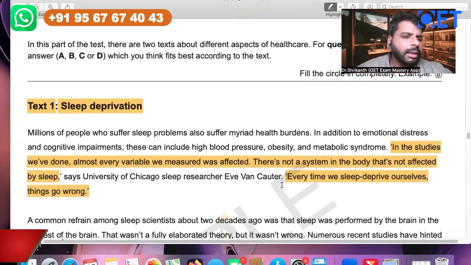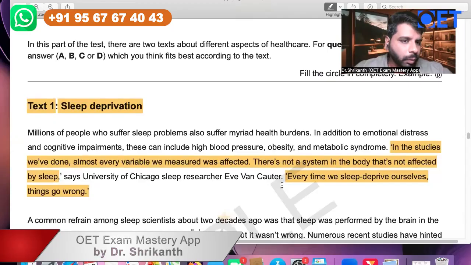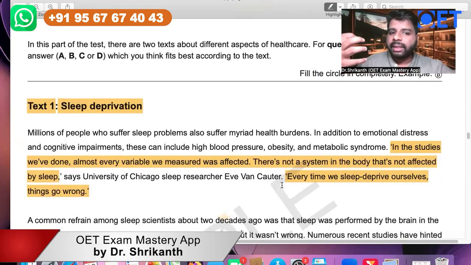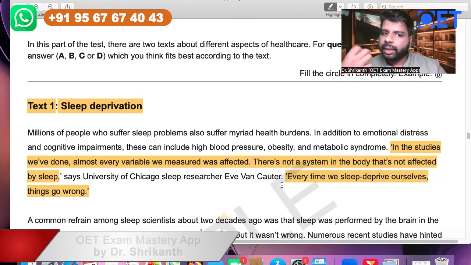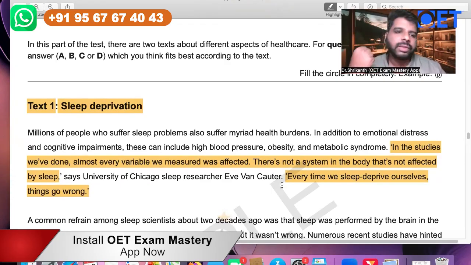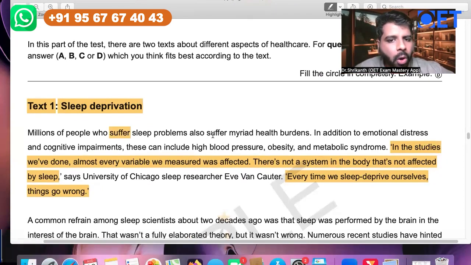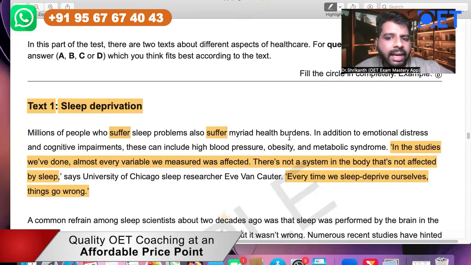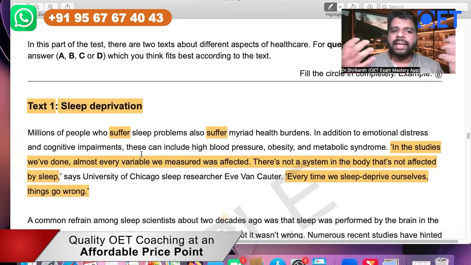Here also give importance to emotive words. Because you have to find why the writer is using them, you have to identify the attitude and the emotion of the writer. That is why emotive words will be very beneficial over here. So let's read the sentence. He's saying millions of people who suffer sleep problems also suffer myriad health burdens. So what is the writer saying? The writer is expressing his emotion, right?